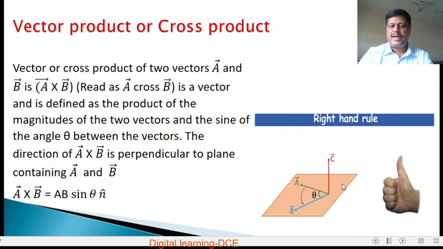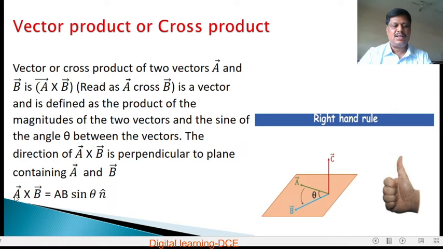So the cross product is always perpendicular to the plane containing the two vectors, and n cap is also along this c vector, that is a cross b. So a unit vector n cap gives the direction of the cross product of the two vectors.